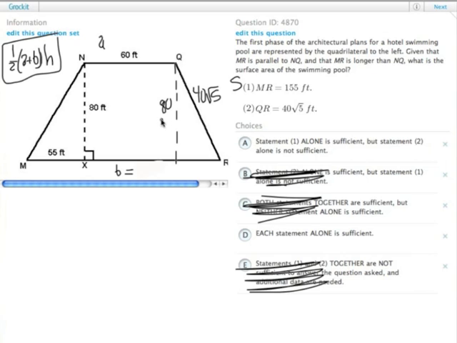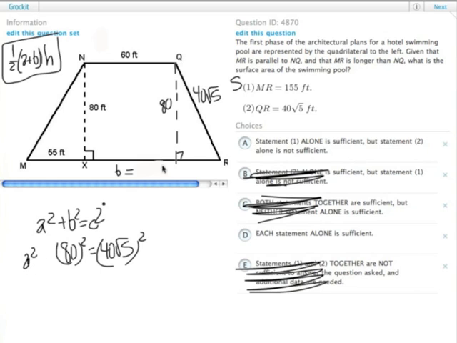And from here, we can use the Pythagorean theorem to figure out what this value equals. So if this is, let's get rid of this A temporarily, using the Pythagorean theorem, which you may remember is a squared plus b squared equals c squared when you have right triangles, and this one would be a right triangle. We have b squared, which would be 80 squared, c squared, which would be (40 times the square root of 5) squared, and a squared would be this base, this last little bit that we're trying to figure out.